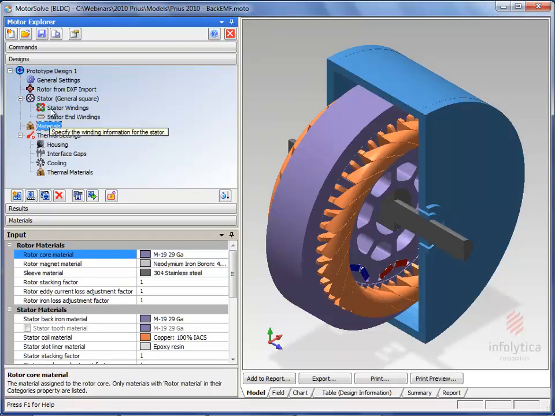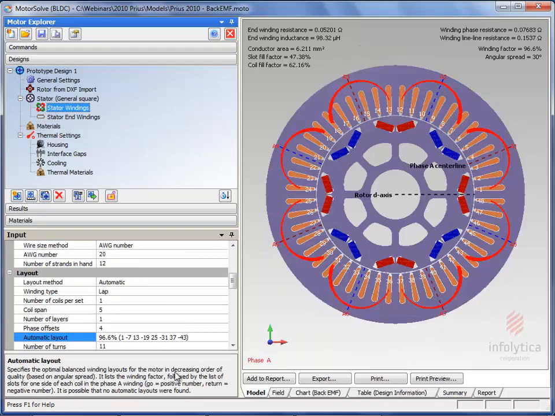You can see, for instance, that we have a lap winding. We've got a series of number 20 gauge wire with strands in hand, total of 11 turns associated with the winding. That's pretty much the basics for the setup of the machine.